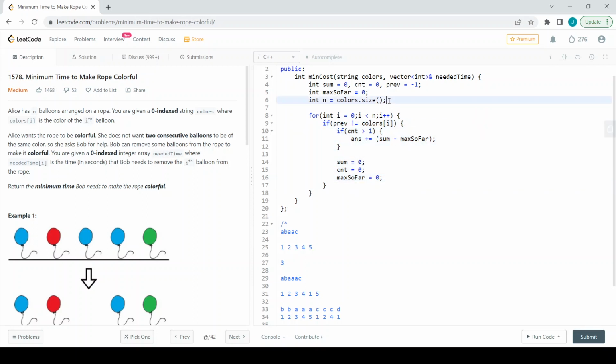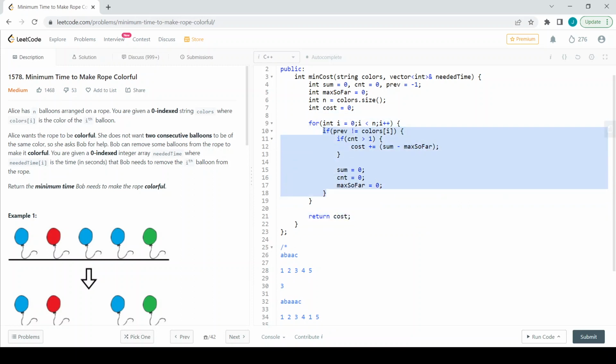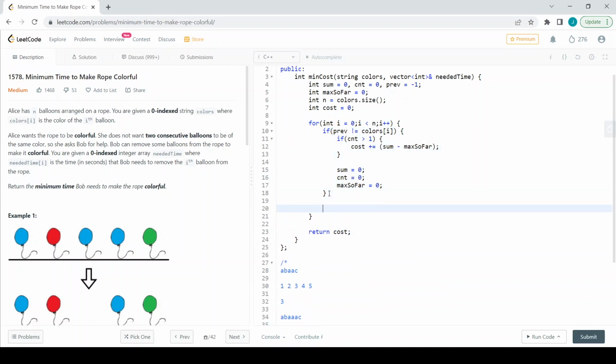I should also have an answer variable, int answer equal to 0, or else I will name it cost. At the end of the day, I'm going to return this cost. I have reset the values, but each and every time I should accumulate the sum: sum plus equal to needed time of i.